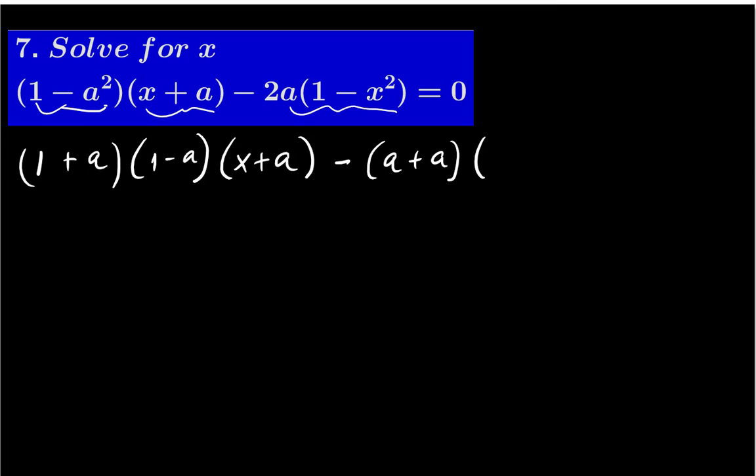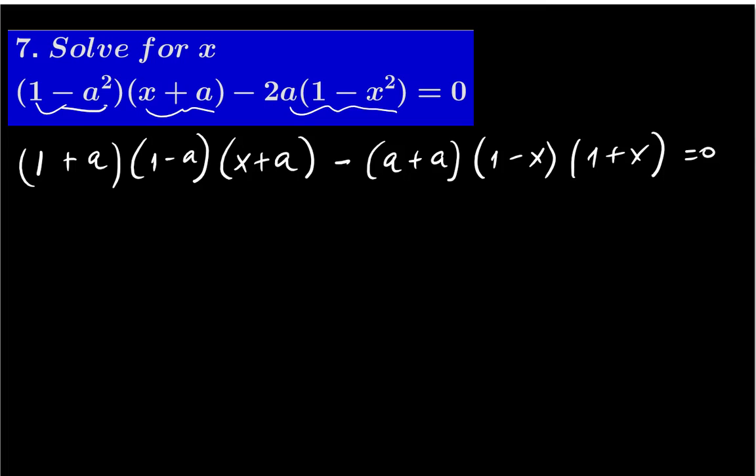Factoring 1 minus x squared is (1 minus x) factoring (1 plus x), we say is equal to 0. Okay, this is one part, this is another part. And if you look at the sequence here, 1 plus a, a plus a, 1 minus a, 1 minus x, a plus x, 1 plus x.